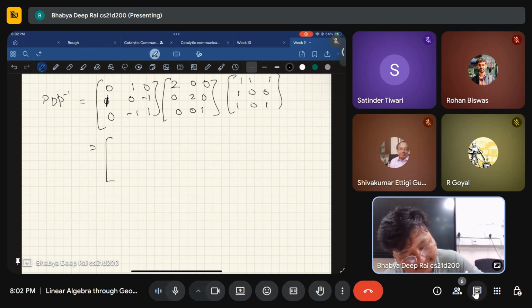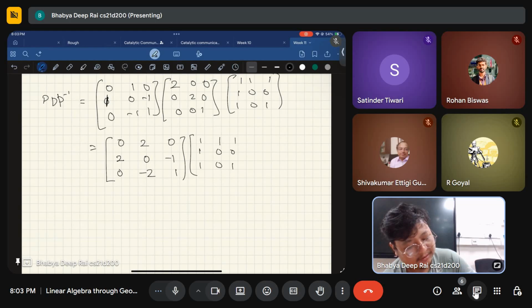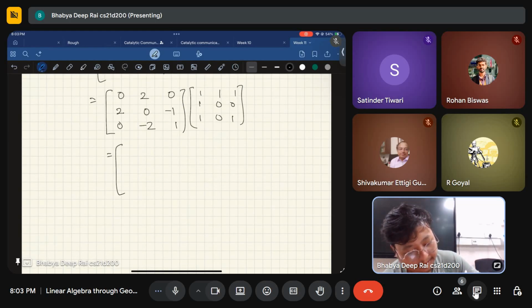Okay, let's see that. Should be getting 0 here, 2 here, and 0 here. So 2 0 and minus 1 0 minus 2 1, okay, times 1 1 1, 1 0 0, and this will be 2.